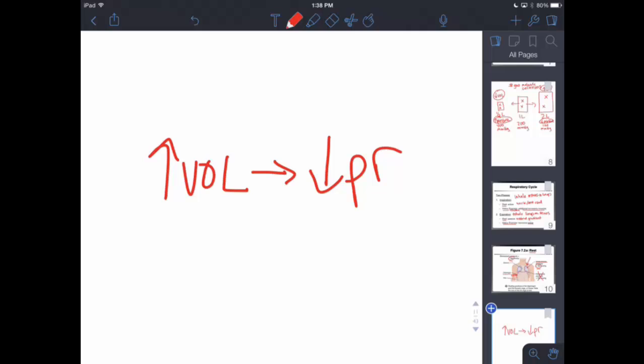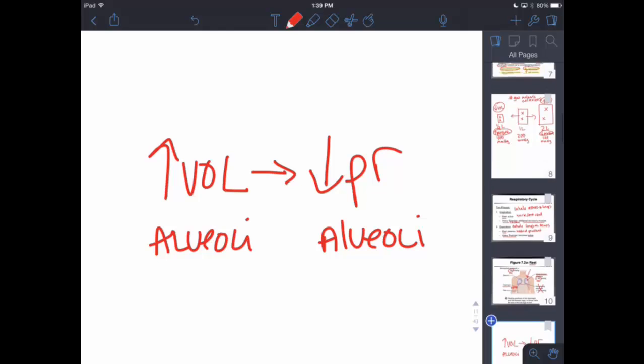So if we increase the volume that's holding the gas, we will decrease the pressure of the gas. So if we want to decrease the pressure in the lungs or in the alveoli, what we can do is increase the volume of the alveoli. And that's exactly what we do.